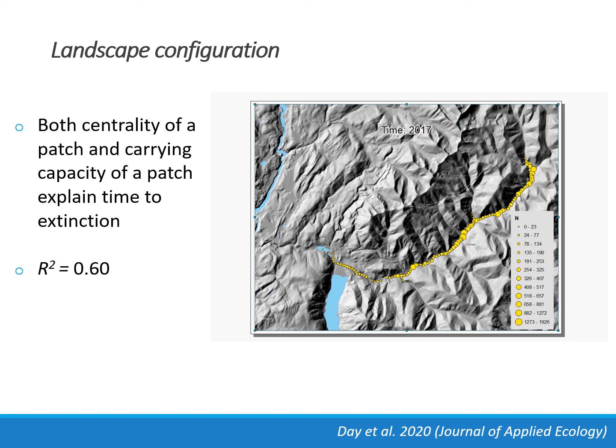And those 2 factors explain 60% of the variation in a regression looking at how long it took for a given patch to go extinct. So this could be important for managers to think about when they're planning their effort, to look at which are my more centralized patches and which patches are hotspots for the non-native species.